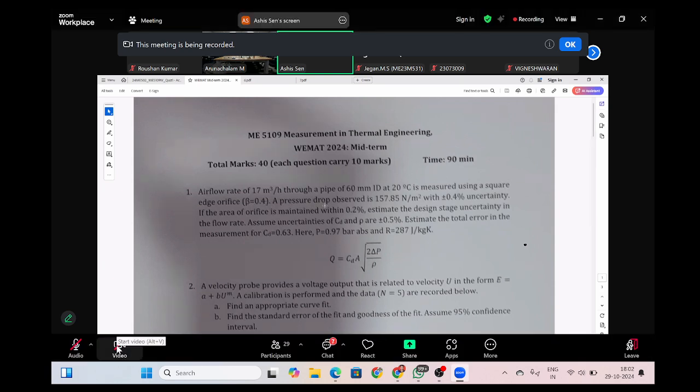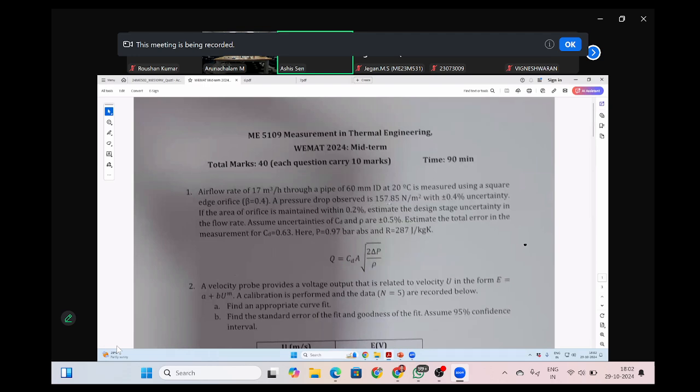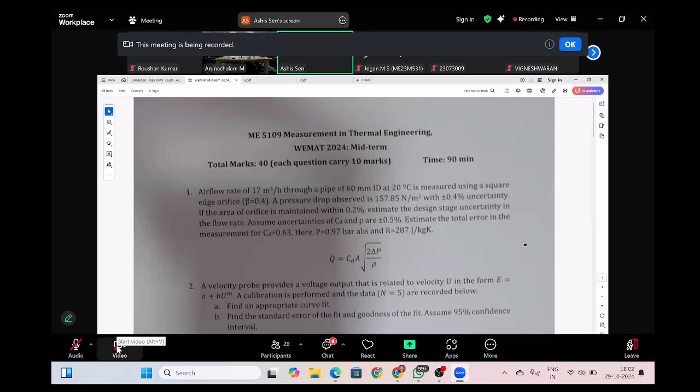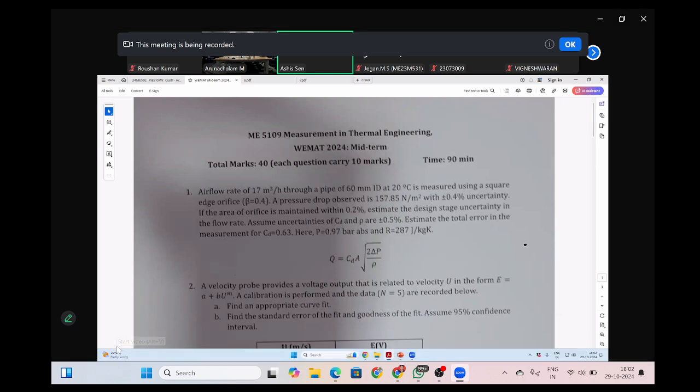A pressure drop observed is 157.85 Newton per meter square with plus minus 0.4% uncertainty. So this is the uncertainty in the measured pressure drop, that is plus minus 0.4%.